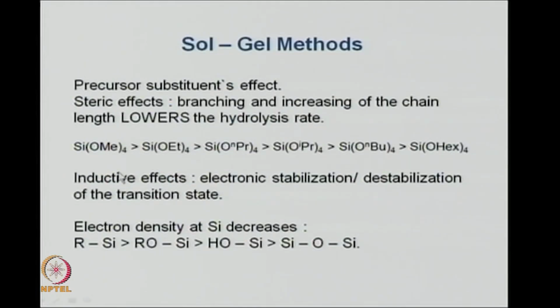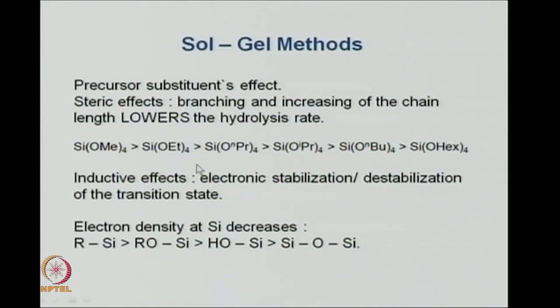Now, the precursors effect, as mentioned earlier, you can have steric effects. If you have very small groups, the rate is very high. If you have very large groups like the butyl group or the hexyl groups, the rate will be very small. So, this is very large, and as you go along this, the hydrolysis rate will be lowered.